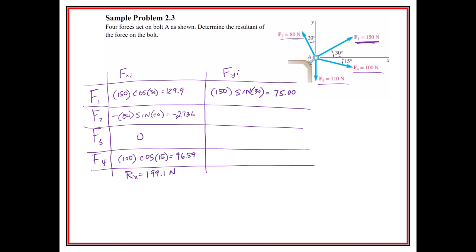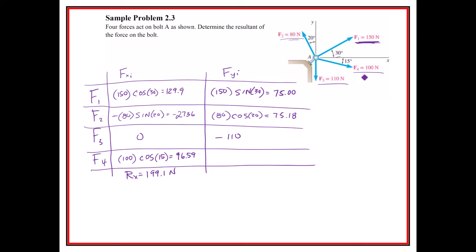And then for F2, the vertical component is positive, but now we're going to use the cosine of 20 because it's an adjacent side. And if we do that, we get 75.18. For force 3, it's completely vertical, and it is in the negative direction, so it's negative 110. That was pretty easy.